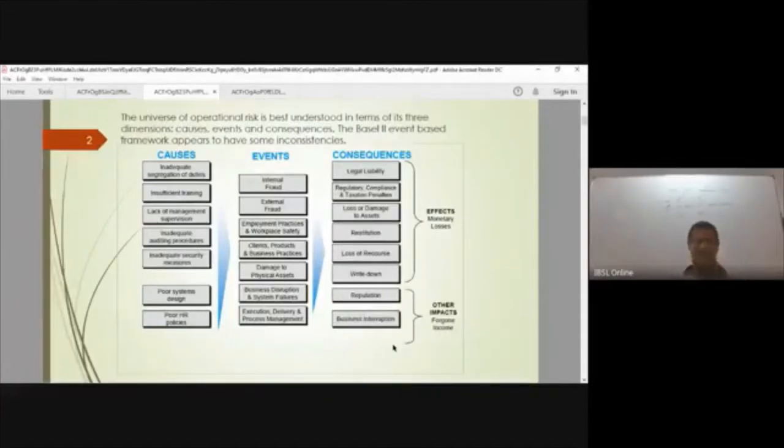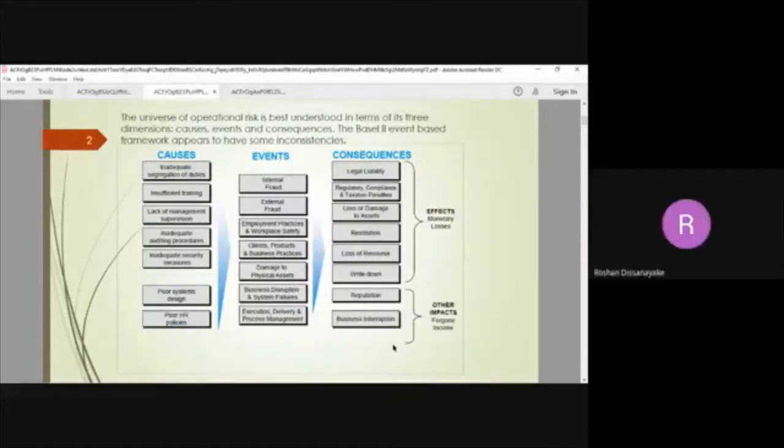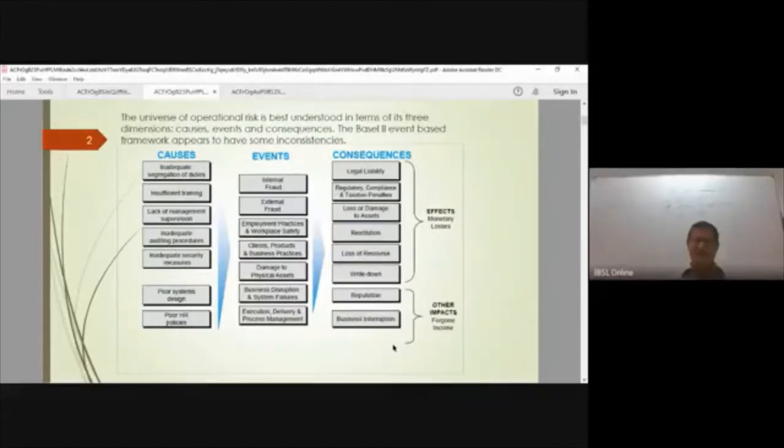So they have created a universe, in a sense, the Basel II committee in the consultation. First they asked, how do we prepare a framework for operational risk?